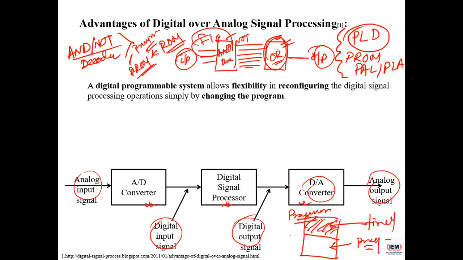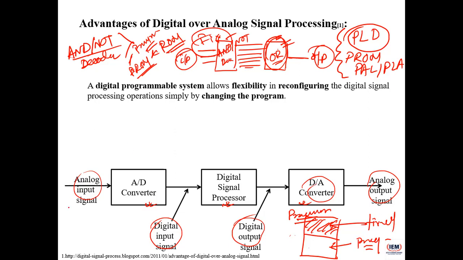Usually we understand program to mean Python, Java, or C. No, I am not talking about that program. This is a different type of program. That kind of program changes the hardware logic. I am not talking about software programming, I am talking about hardware programming.